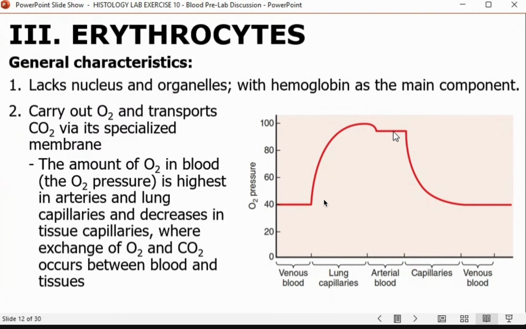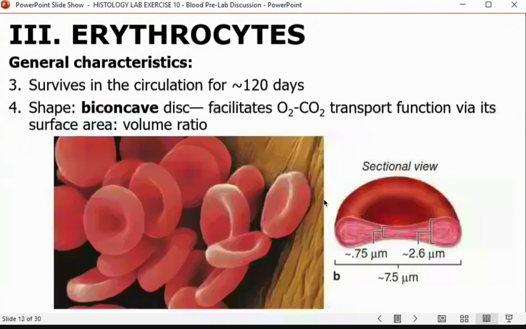Once it reaches back to the arterial blood, there's a slight decrease because it's no longer exposed to the oxygen pressure coming from the external environment in the lungs. And then once they distribute the oxygen back into the tissues and take up carbon dioxide again in the capillaries, it decreases until it has to return back to the veins and then into the heart to be reoxygenated. It has a general lifespan of 120 days.